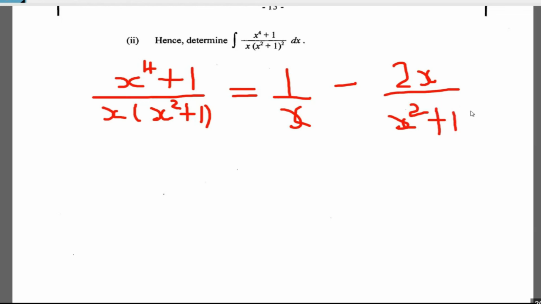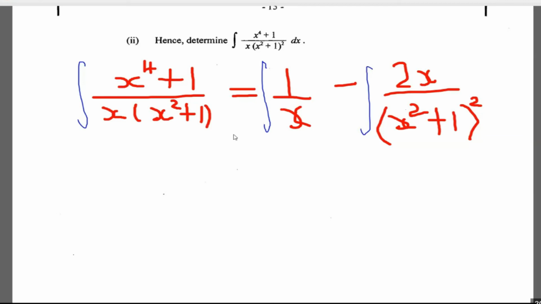So that's what we did before. And so now we are going to find the integral of this, and the integral of this is equal to the integral of this minus the integral of this. That's why it's a hence, meaning using this.